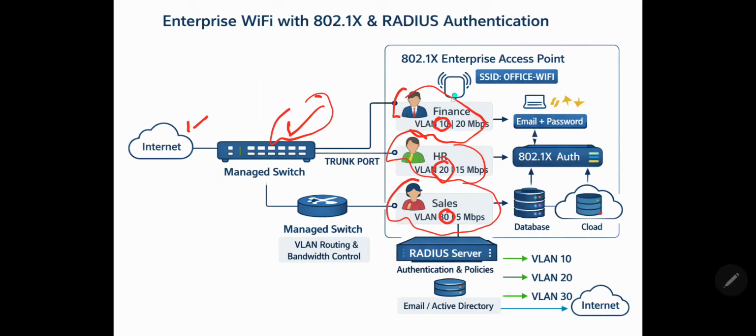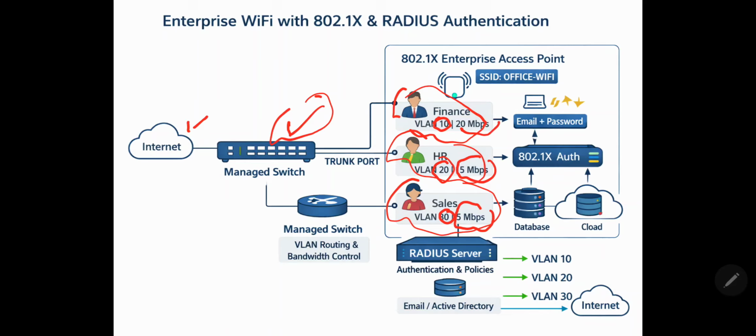Okay, each of these departments has a different bandwidth: 20 megabytes per second for finance, 15 megabytes per second for HR, and 5 megabytes per second for sales. Every department has a different bandwidth.